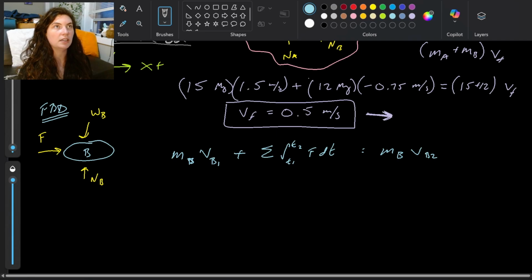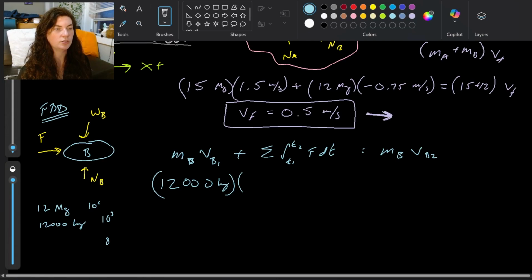So in just looking at car B, I start plugging values in. I get 12, and now I'm going to convert to kilograms. So 12 megagrams is going to be 12,000 kilograms, right? A mega is 10 to the 6th, a kilogram, 10 to the 3rd for grams. So this is 12,000 kilograms times my initial velocity of v1, and we know that was a negative 0.75 meters per second.